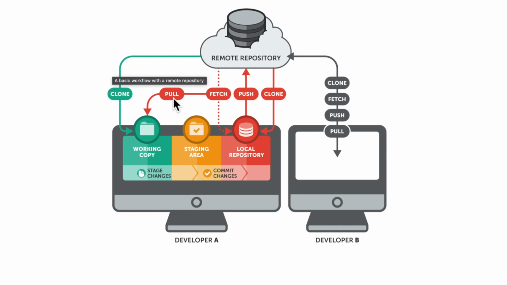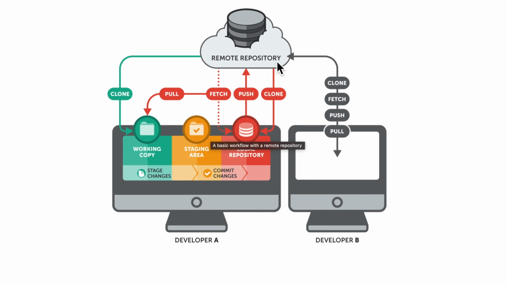And here if I come back, this is developer A, which is me, and this is developer B, which is my friend. Now me as developer A, I can clone it and fetch the data, pull the data, stage the area, work on it, and then push the data back to the remote repository.